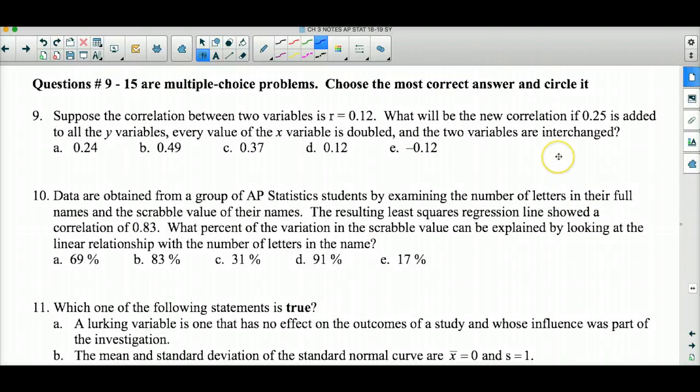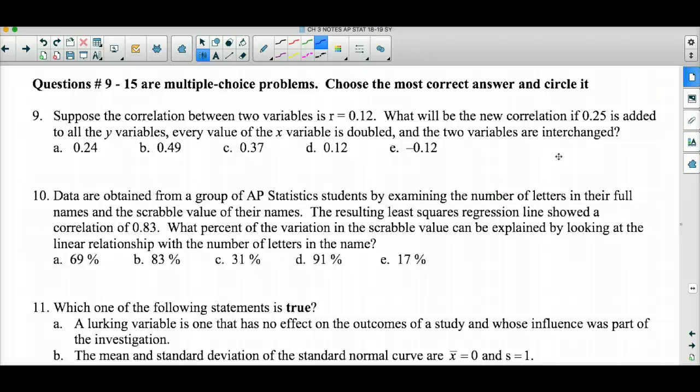Choose the correct answer and circle it. It's multiple choice. Suppose the correlation between two variables is r equals 0.12. What will be the new correlation if 0.25 is added to all the y variables, every value of the x is doubled, and the two variables are interchanged? 0.12.